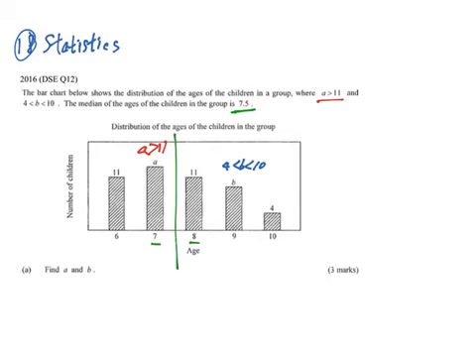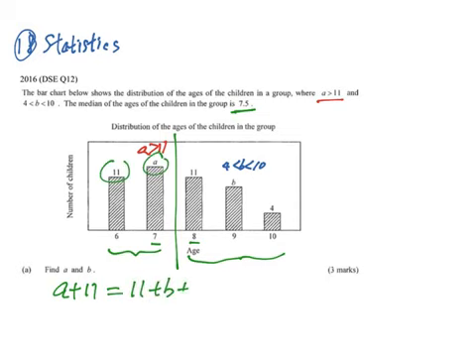That means the total number of 6 and 7 is equal to 8 to 10. So A plus 11 is equal to 11 plus B plus 4. That means B is equal to A minus 4, because 11 cancel.